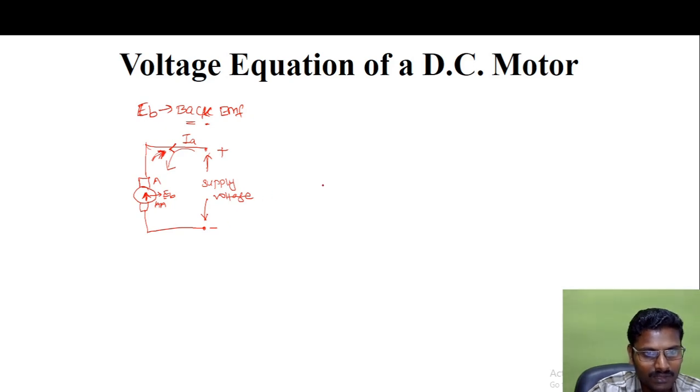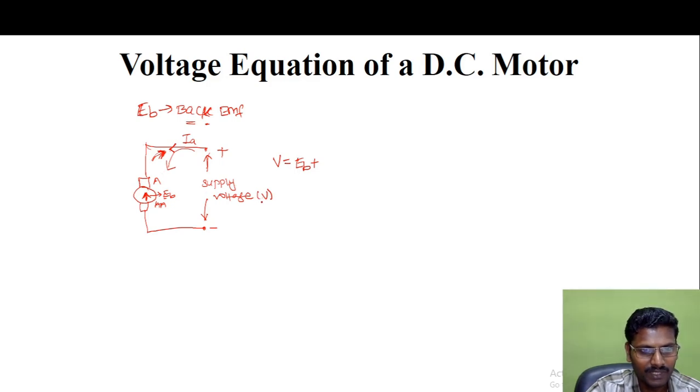Now from this we can derive the voltage equation. V is the input voltage. V is equal to EB, the back EMF, plus the drops. We are going to calculate the total voltage and its related drops.